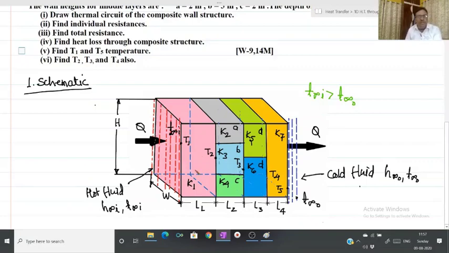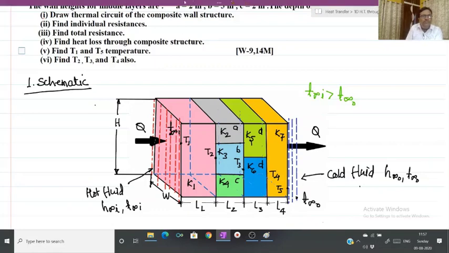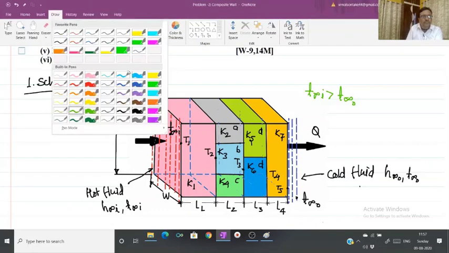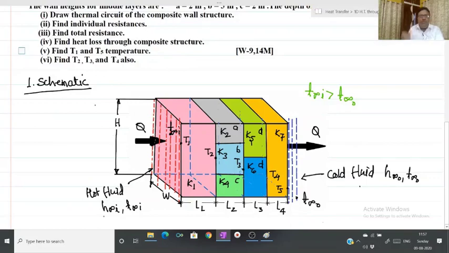Now when heat transfer takes place through individual layers of hot and cold fluid and different slab materials, they offer thermal resistance to the path of the heat flow. Fluids will be by convection and solid slab will be by conduction. So temperature drop will take place across the fluid layer from temperature T infinity i to T1.